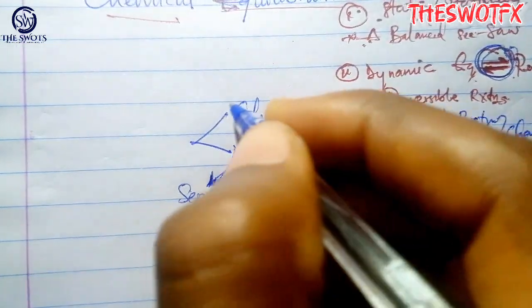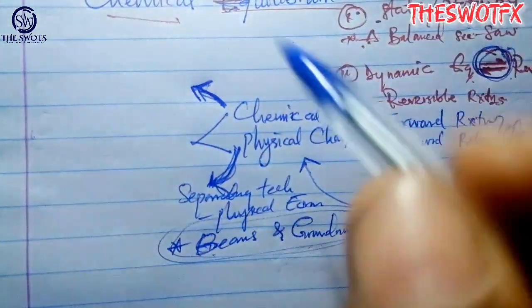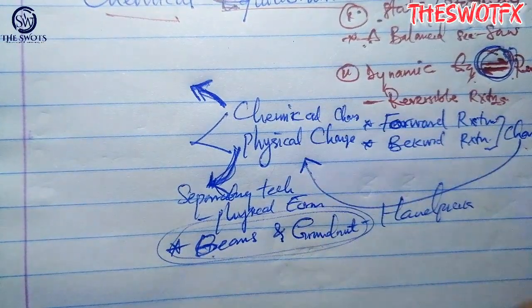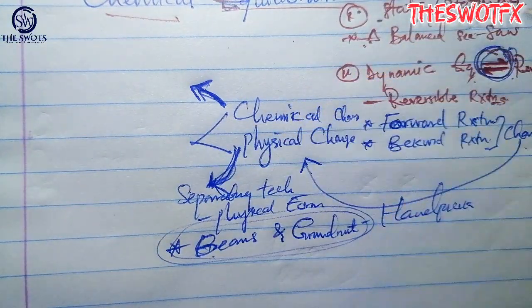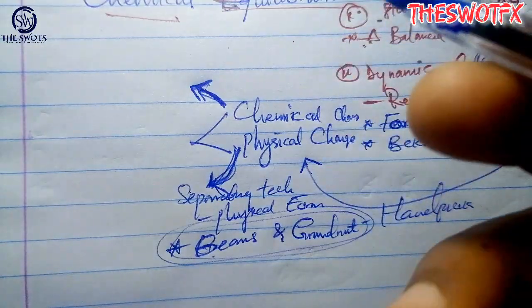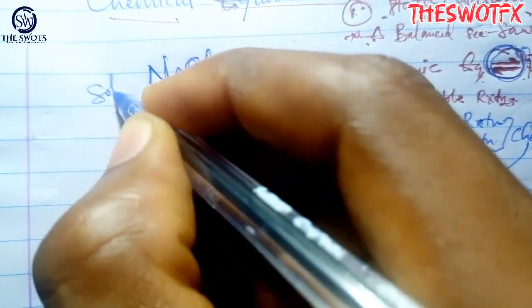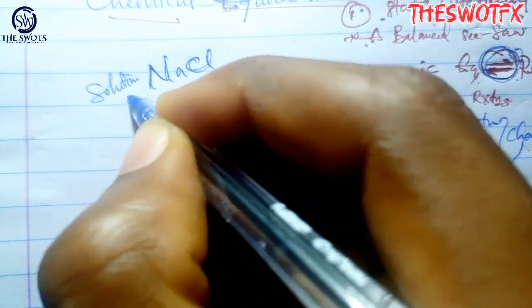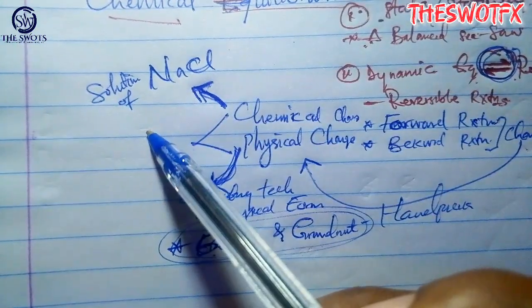But when it comes to chemical change, this involves separation using chemical means, or separating techniques that involve chemical means. For example, let's take a look at a solution of sodium chloride.